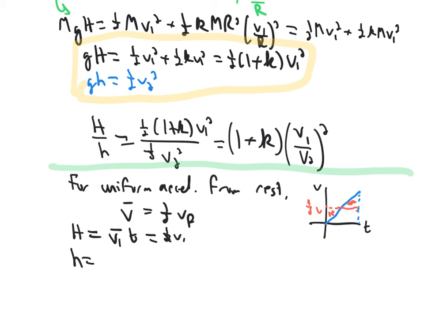And likewise, lowercase h is going to be the average velocity of object 2, which is 1/2 v2 times t. And so putting these two things together, we can see that H over h is going to be just v1 over v2, which is also not useful because we still have v1 over v2, but now we have two connections, so we just have to put them together.